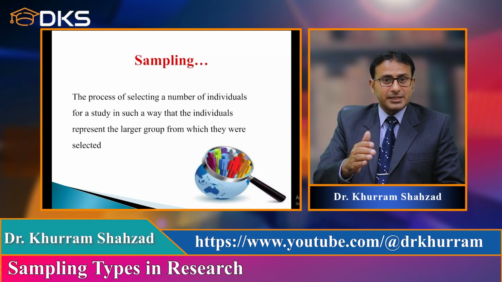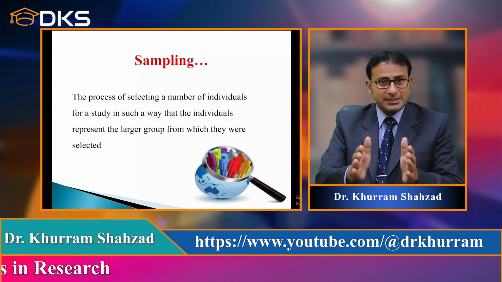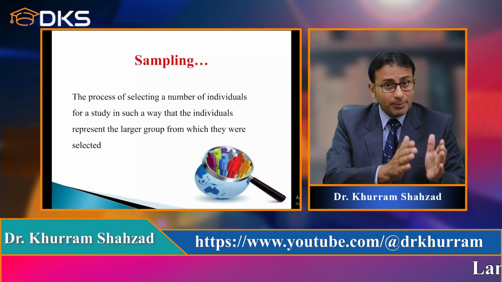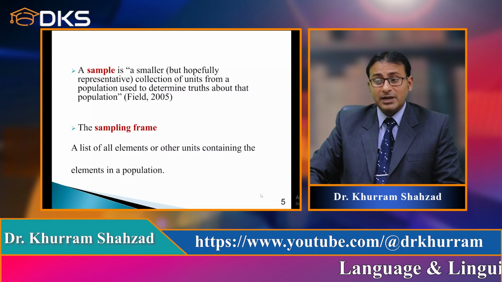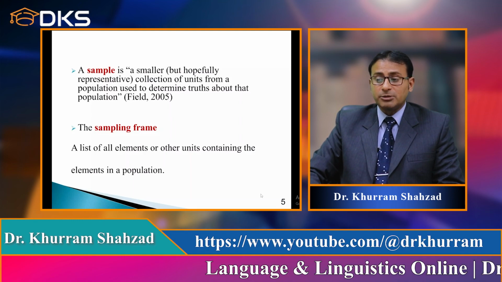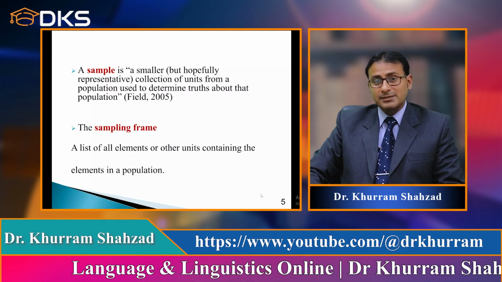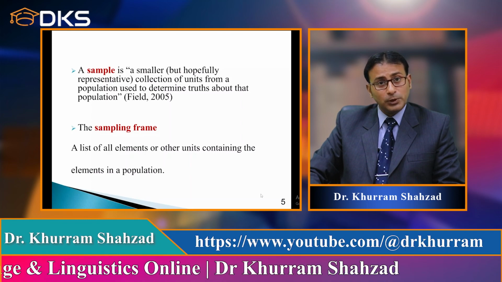Therefore, it is necessary that we have a number of people selected for representativeness of the population. A sample is a smaller but hopefully representative collection of units from a population used to determine truths about that population. Remember, as I have just said, the sample is drawn from the population.